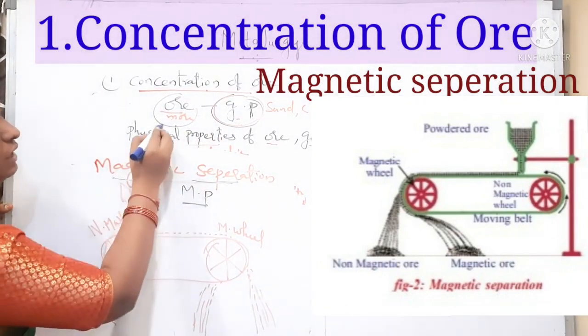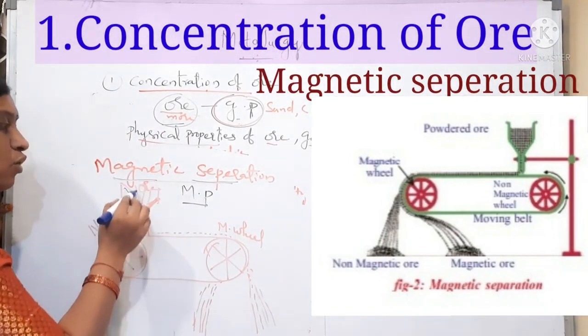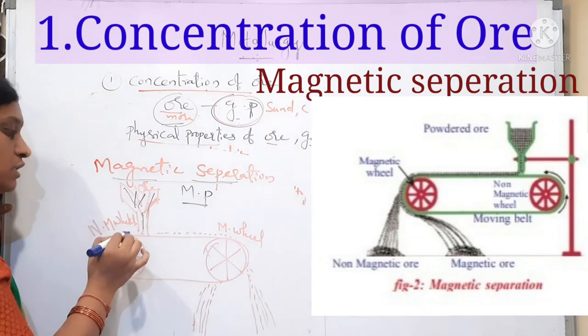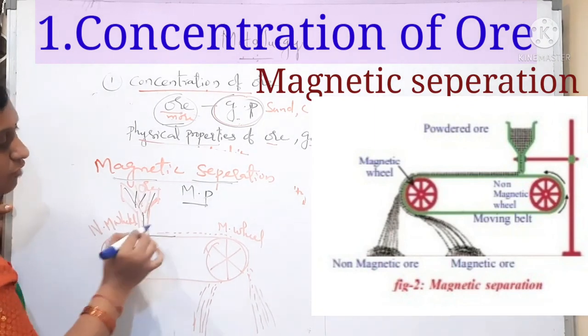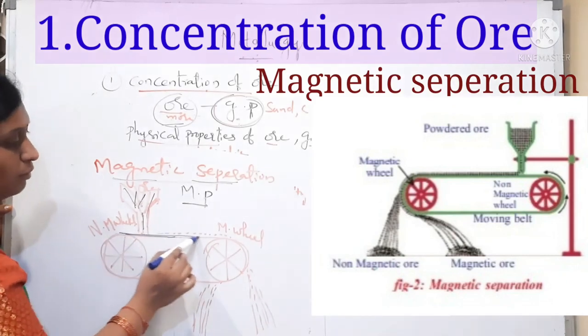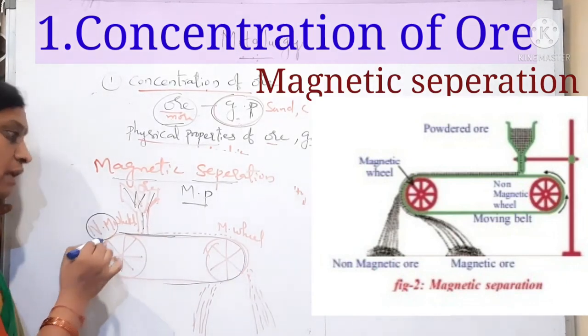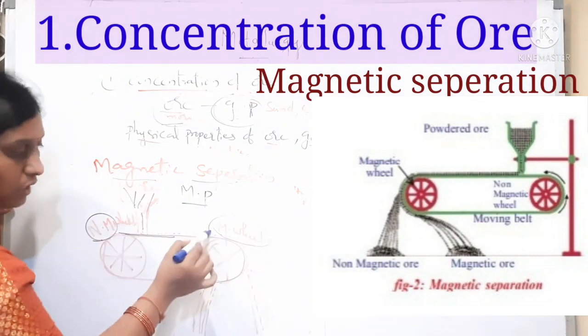For example, think of the ore as a magnetic material. Then powdered ore is sent onto this conveyor belt through a hopper. Then this belt moves on these two wheels, one of which is a non-magnetic wheel and the other a magnetic wheel.